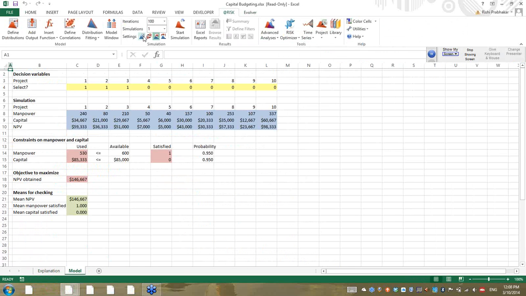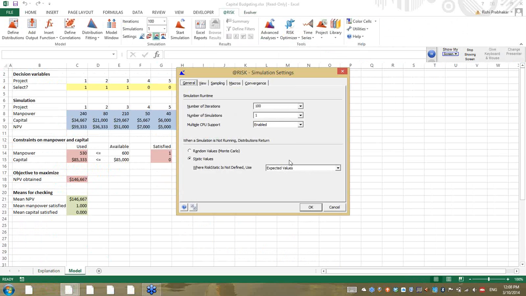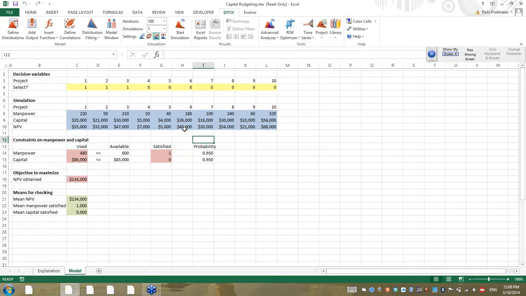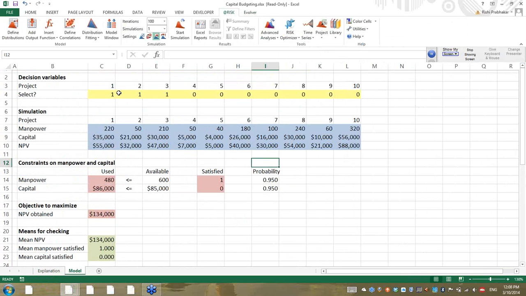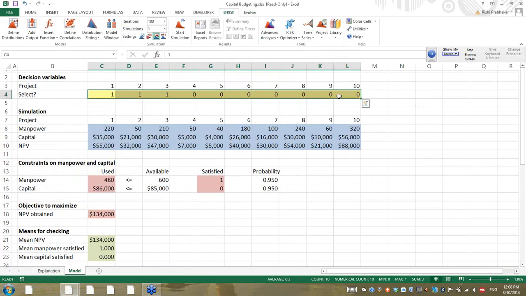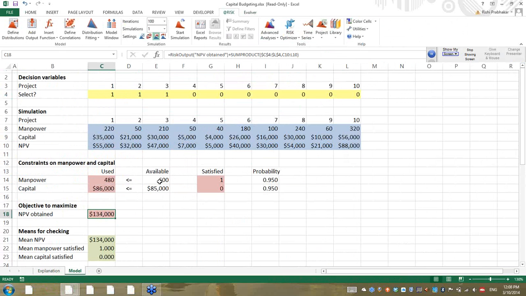Now, I've opened an example here, and I'll change my settings to make it a bit easier to read. This is an example of a portfolio management problem where we would want to know what is the optimal portfolio of projects as measured by these decision variables that I've highlighted here that will maximize our NPV but not exceed our available resources.